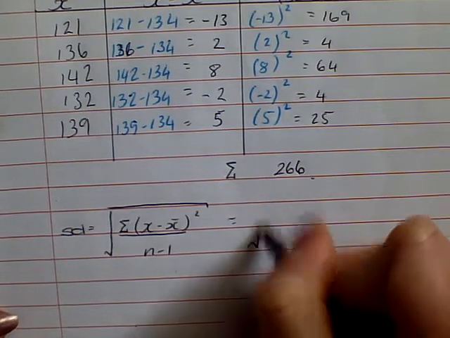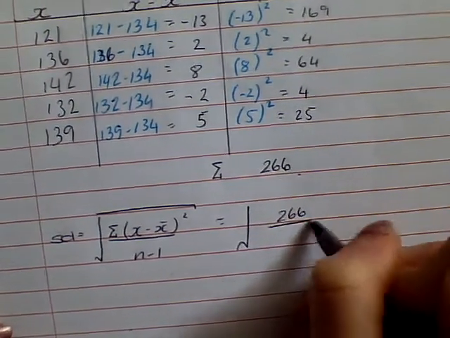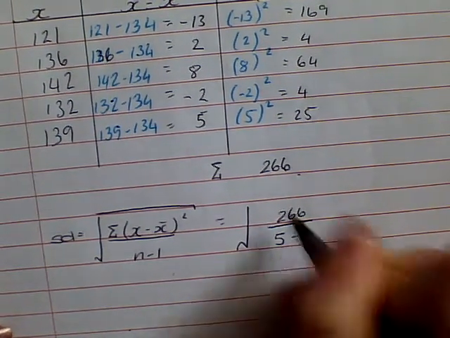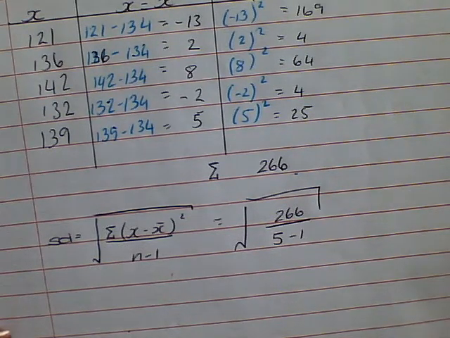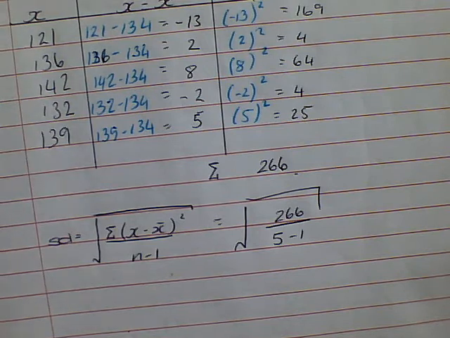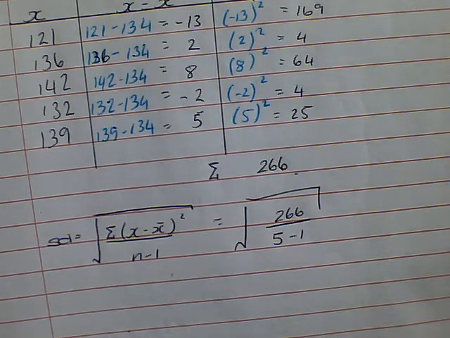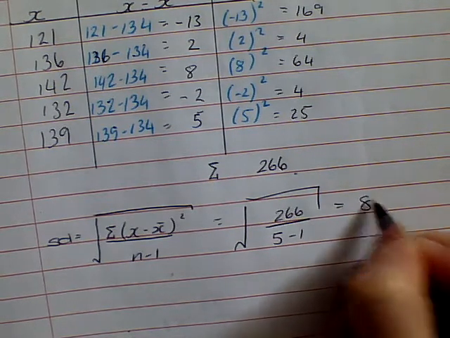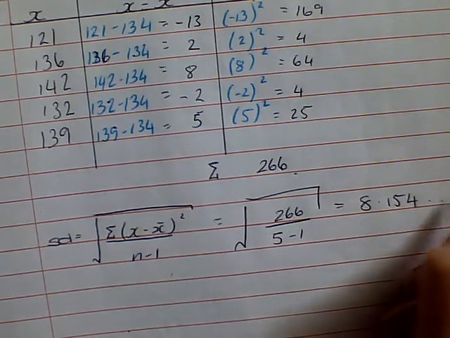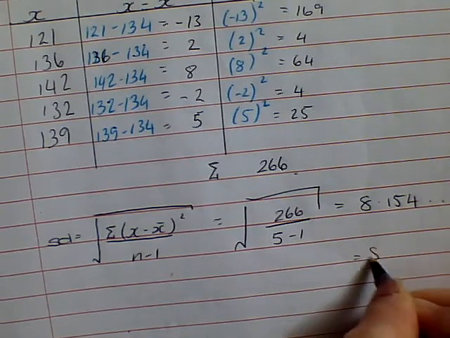So we've got the square root of 266 all over, there's 5 numbers, subtract 1. So 266 divided by 4, and then square rooting that answer gives me 8.154..., that I can write as 8.1.